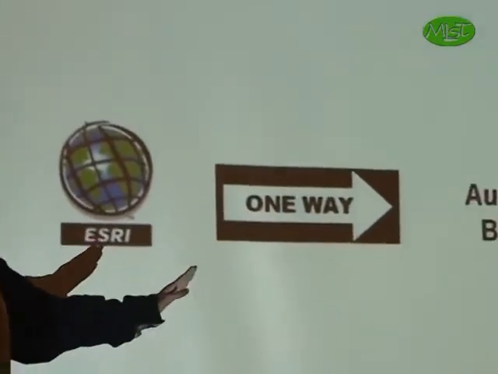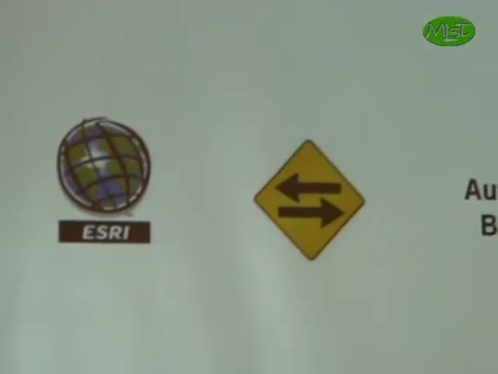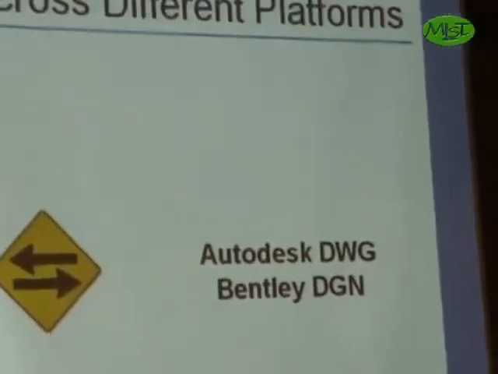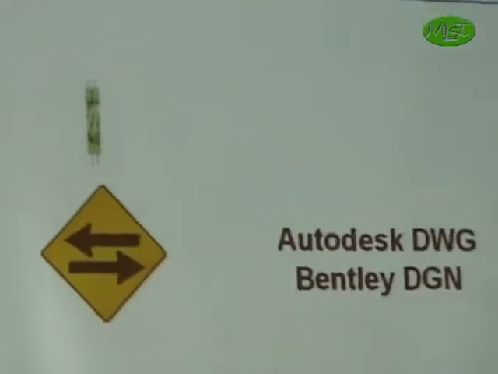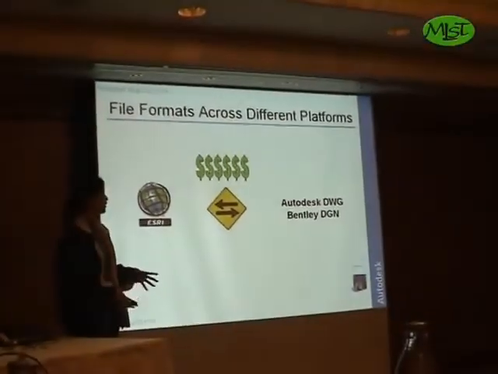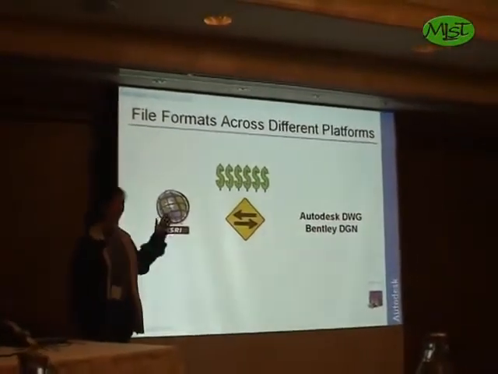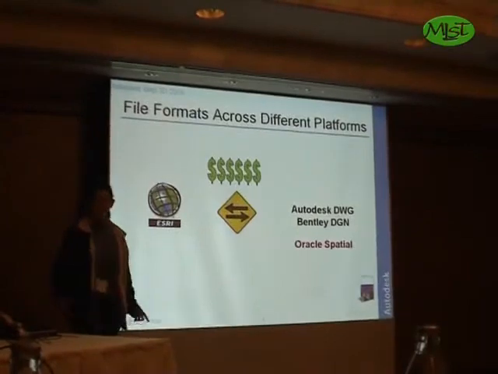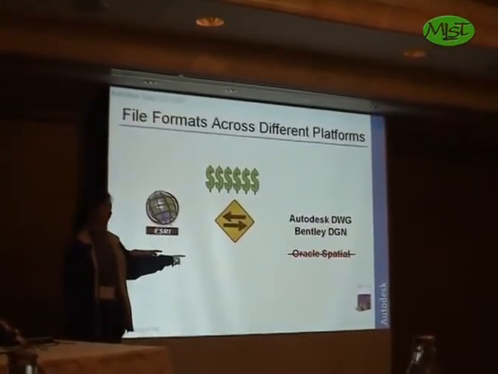What if you want to export it back from DWG or DGN to S3? You want it to be both ways. If you want it to be both ways, it costs you money. So this is a major issue, because when you buy software, you want everything there. But like I said just now, out of the box it's only one way. If you want it both ways, you've got to spend more money. And another important issue here is that it does not communicate with Oracle Spatial.